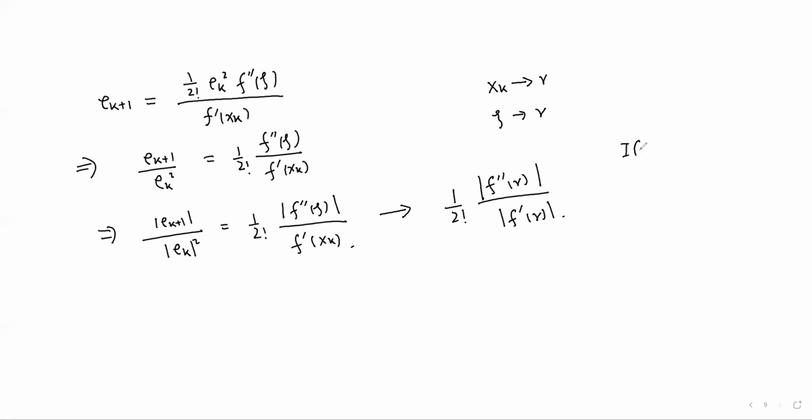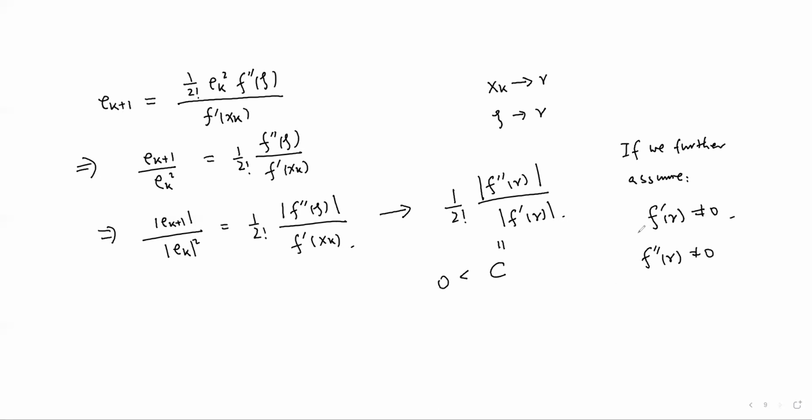If we further assume the derivative of f at R is non-zero, and also the second derivative is non-zero, then this number is C, and C is greater than 0.